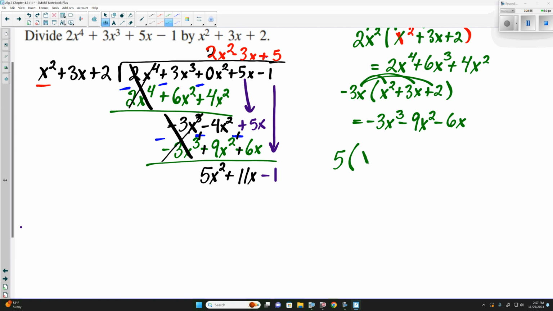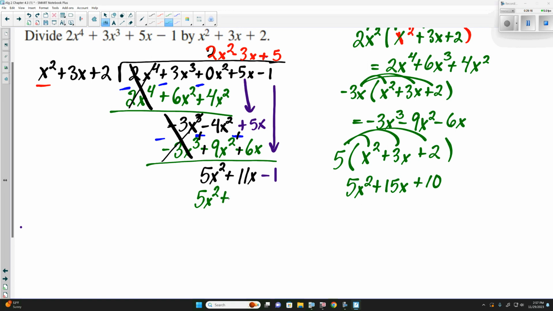So if we do 5 times our x squared plus 3x plus 2, distribute it through. 5 times x squared is 5x squared. 5 times 3x is plus 15x, and 5 times 2 is plus 10. 5x squared plus 15x plus 10.